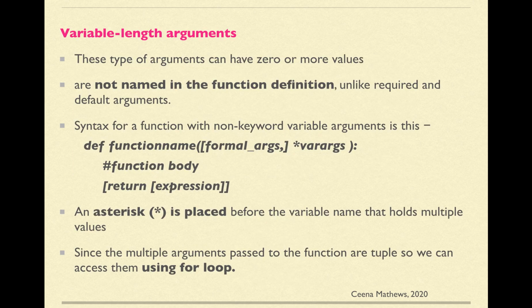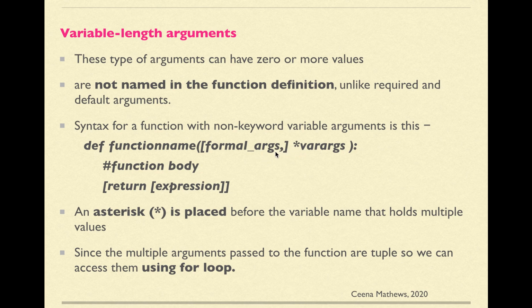Next is about the variable length arguments. These type of arguments can have 0 or more values, and they are not named in the function definition, unlike required and default arguments. The syntax for using variable length arguments is def function name. Within brackets, we give the parameters. Here we can have 2 types of parameters.